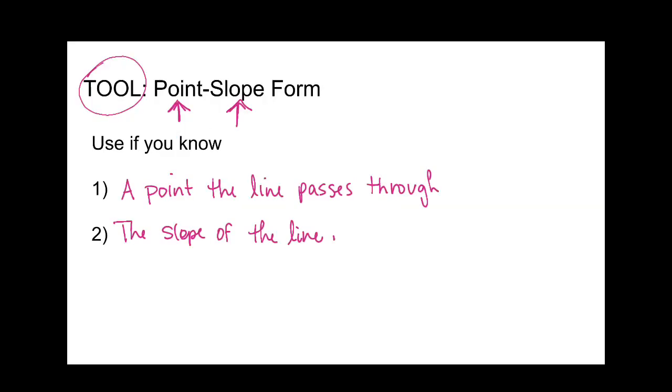So what is point-slope form? This is what it is. And I'm going to write it using different colors to show you something. That's a 1.